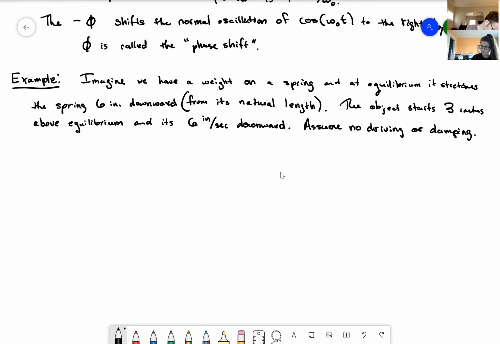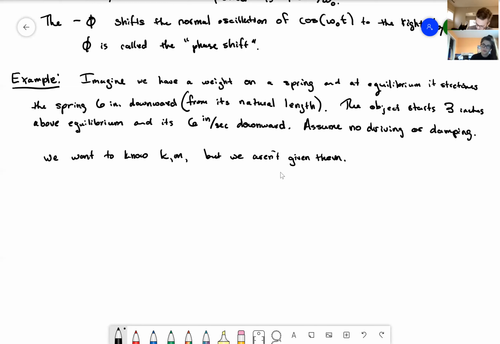Well, it'll bounce up and down. We aren't given the spring constant or the mass, so we want to know K and M, but we aren't given them, which is unfortunate, but not a problem, because we actually don't need them.